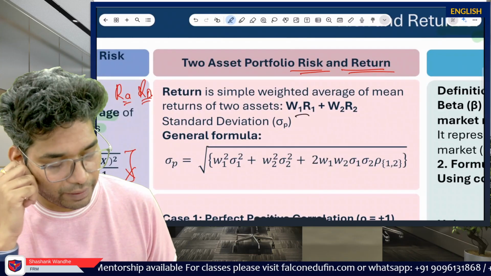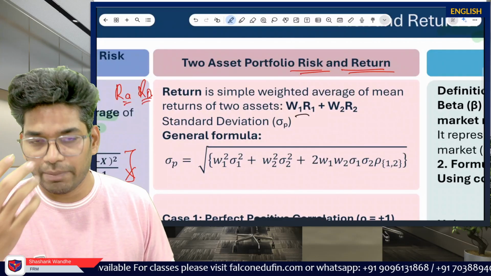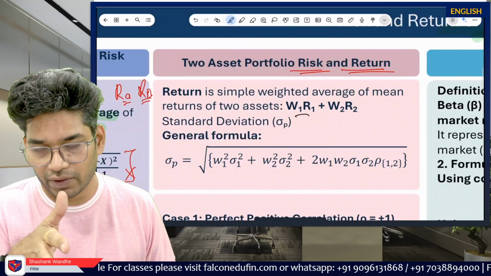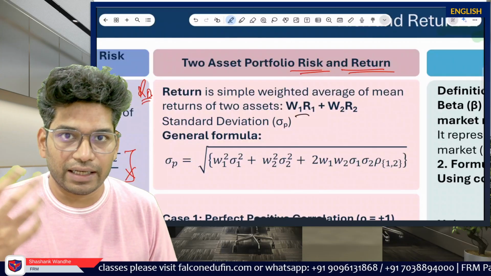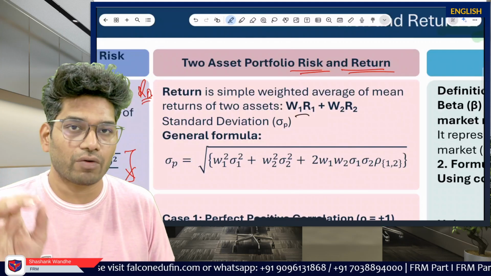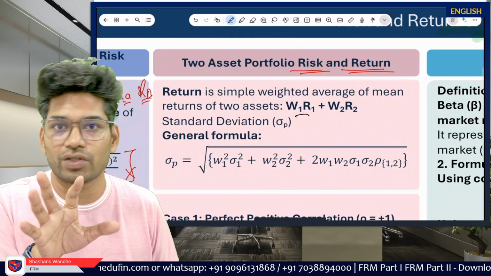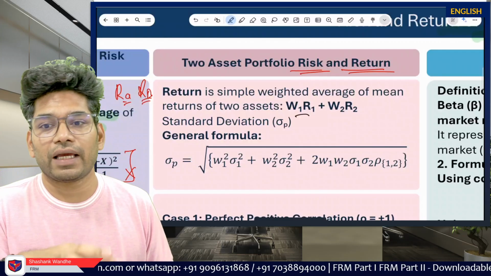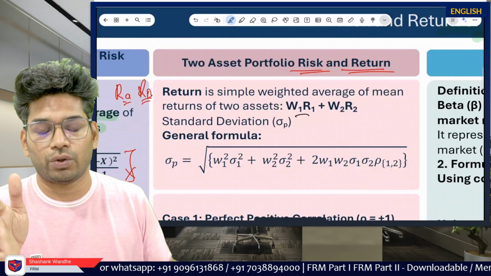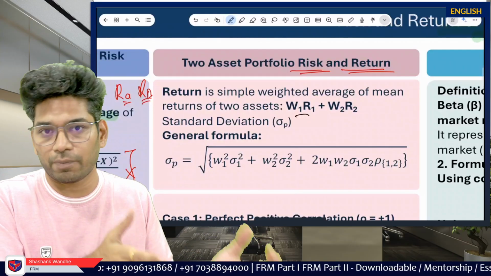Now remember one thing. In real life, you will be dealing with multiple assets' returns and risks. But in the academic setting, because it is not practically possible to test the risk and return calculation for multiple assets, they limit it to a 2 or 3 asset portfolio. This does not mean that we know only about the two asset portfolio and don't know how to deal with a multi-asset portfolio.